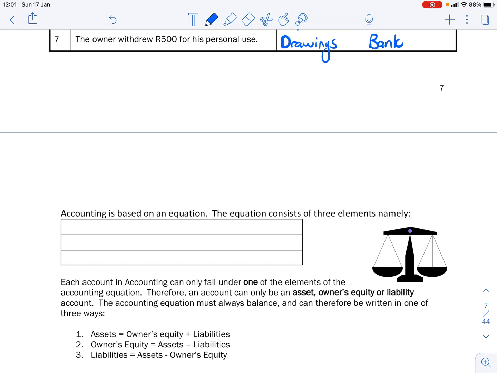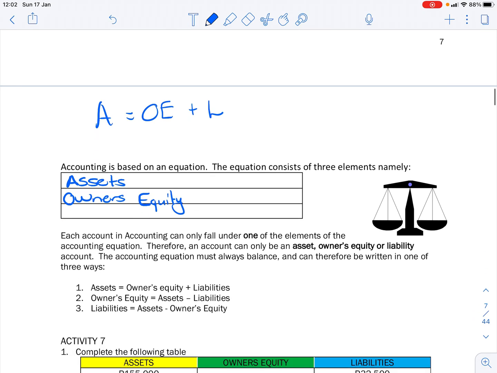When we look at the accounting equation, like I told you, it is A equals OE plus L. Now, if we think about our accounting equation, we have our assets plus our owner's equity as well as our liabilities.